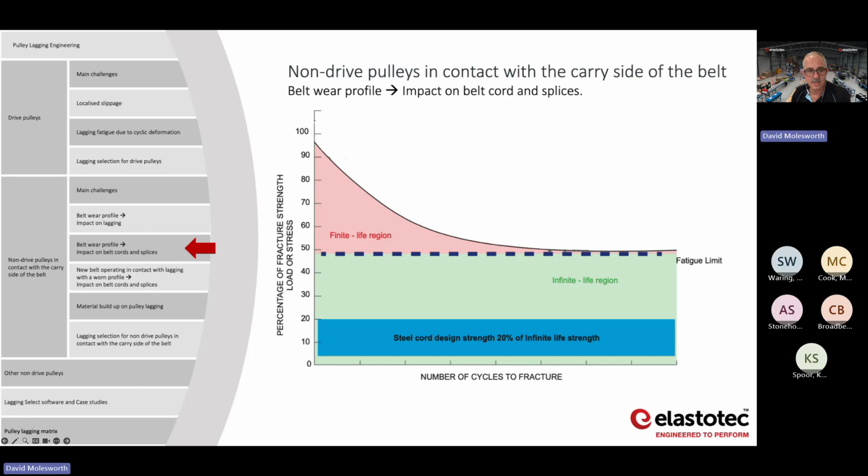And there's a fatigue limit, which is around about 50% of the total shear stress or strength of the cord. And from what I'm told, most steel cord belts are designed to be operating at around about 20% of the infinite life strength.